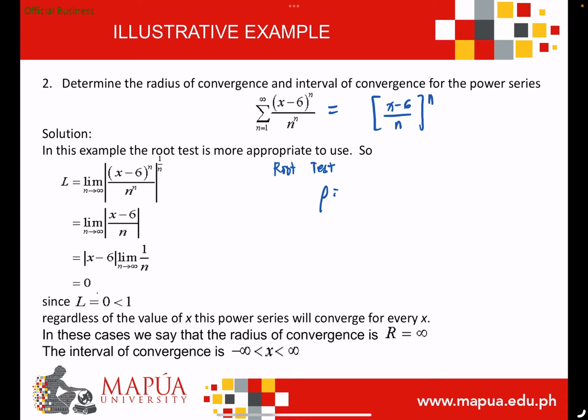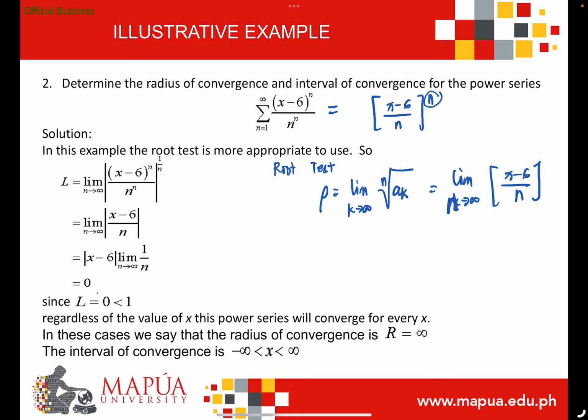So rho is the limit of the nth root of a sub k as k approaches infinity. So this is the limit as n approaches infinity of (x - 6)/n. We're just going to take the nth root.